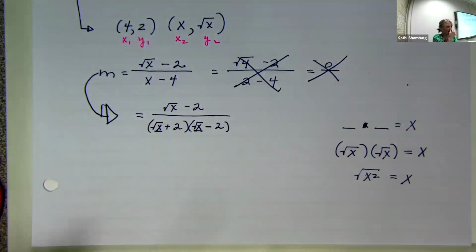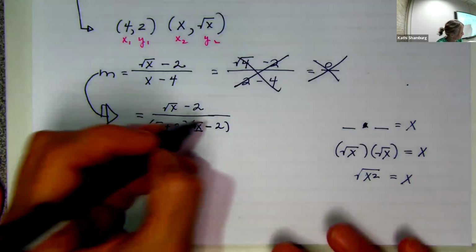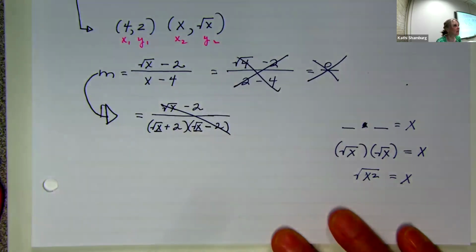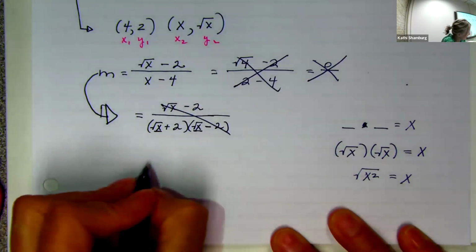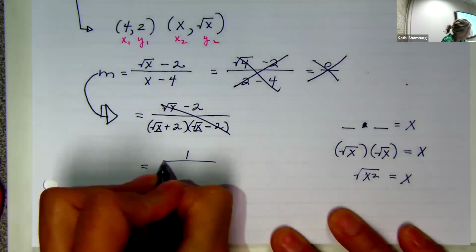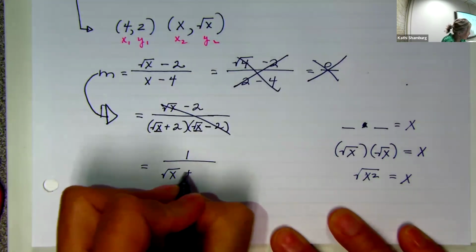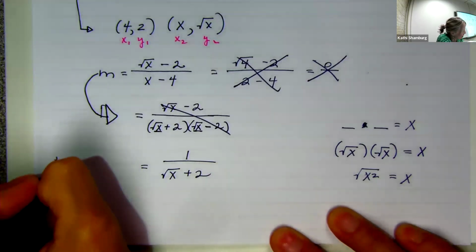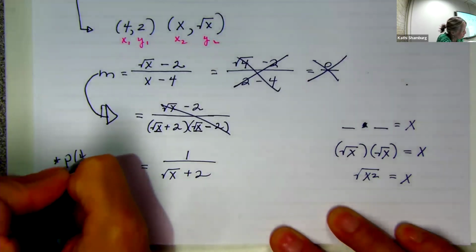Okay, now look at what I've got. Do you see something that allows me to do algebraically? What can I do? Cancel. Those are the same. I can cancel them out, right? Okay, so now I'm left with 1 over the square root of x plus 2. Now think in relationship to that point 4, 2.